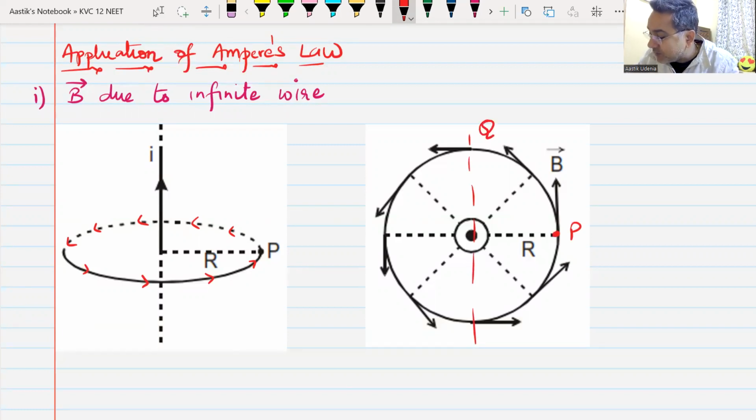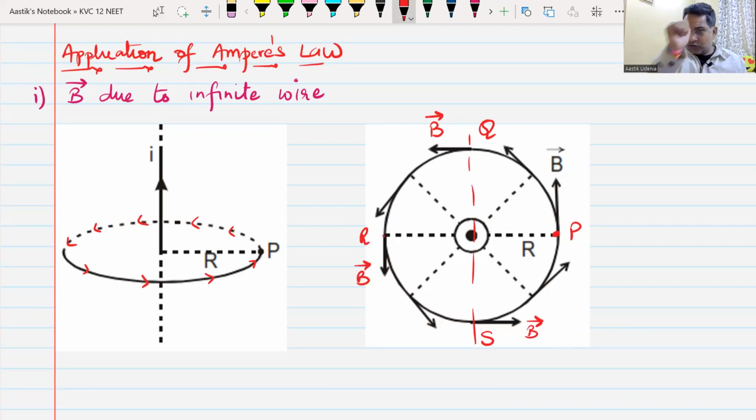At point Q, the magnetic field, same magnitude, but direction has changed. It is going like this. At point R, same magnitude because the distance is same, but it's going down. At point S, same magnitude, but the direction has changed. It is going towards right.